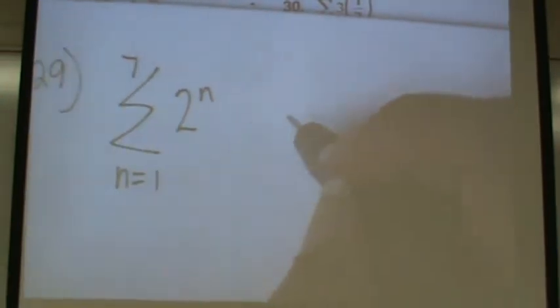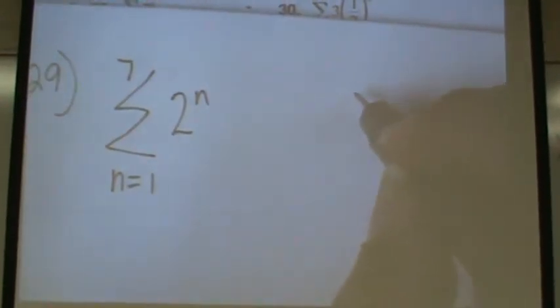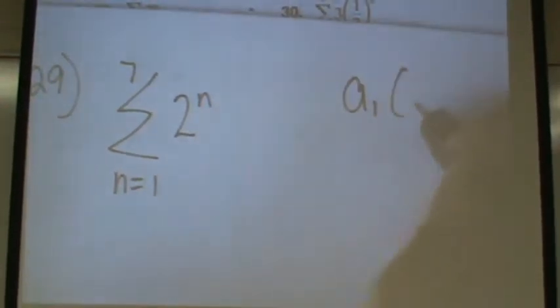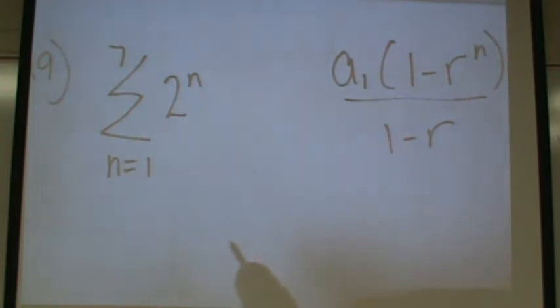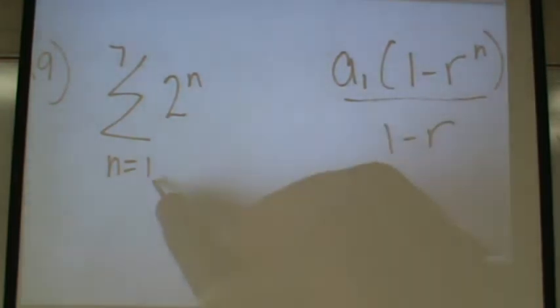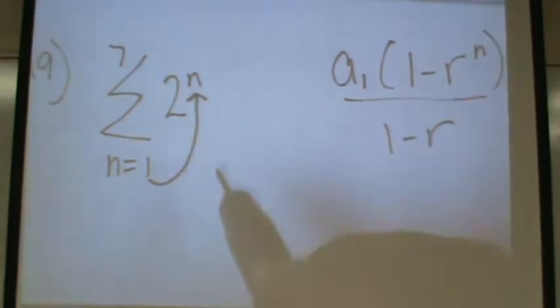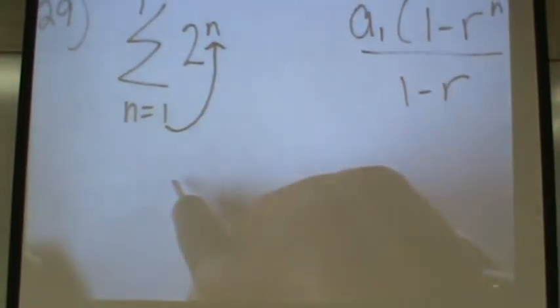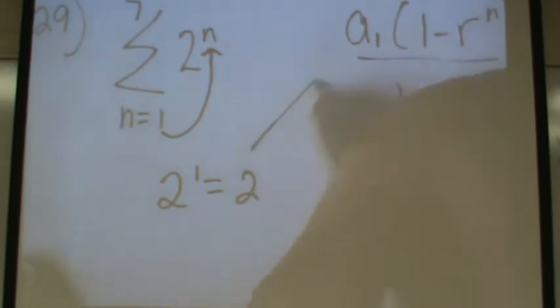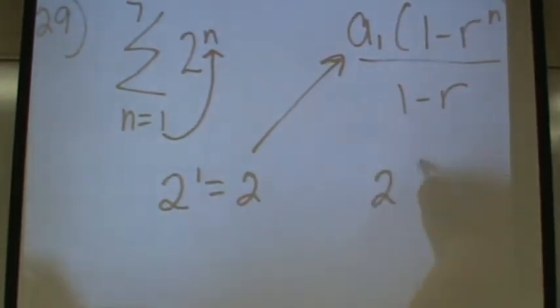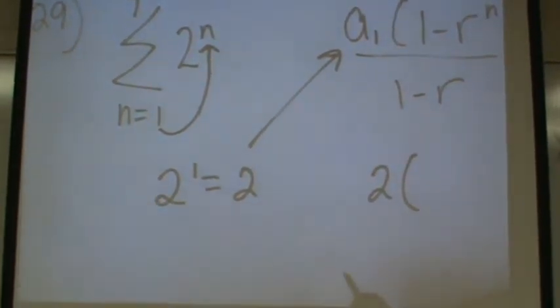So the formula is, if it's geometric, the first term times 1 minus r to the n power over 1 minus r. We do not know the first term. To find that, you plug this bottom number into this little equation, and you get 2 to the first power, which is 2. So that's your first term. Now to get the r value, you put a 2 in.